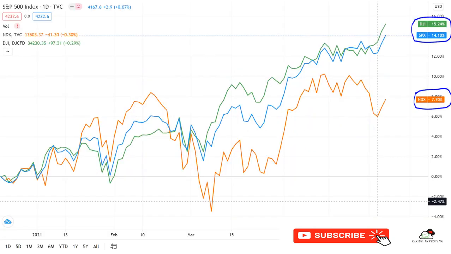Okay, this is the comparison between the S&P 500, Nasdaq, and Dow Jones. You can see that from this year, 4th January until now, the S&P and Dow Jones are gaining about 14 to 15%, but the Nasdaq is only gaining about 7.7%. So Nasdaq is actually lower than the S&P and the Dow Jones.